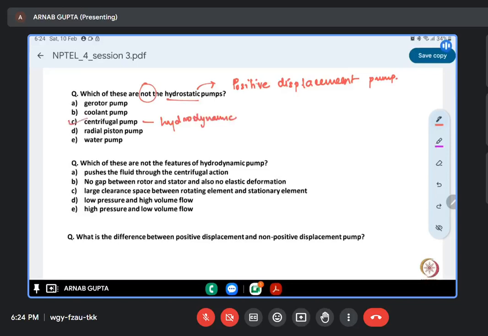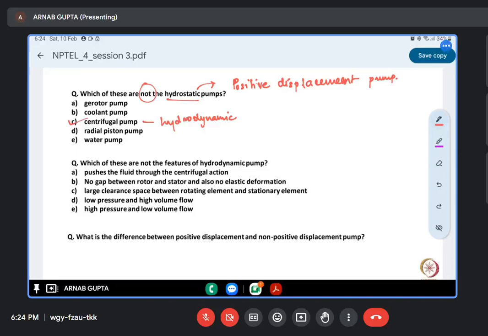Radial piston pump is a type of reciprocating pump, so it's a positive displacement pump, so that is not a correct answer. Then water pump can be reciprocating type, or it can be centrifugal type depending upon the applications.